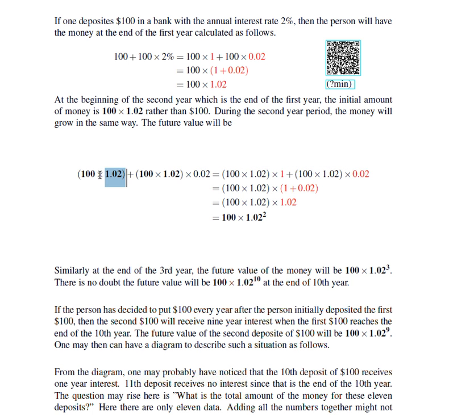Again, the initial amount is the initial amount times 1. So we can pull the initial amount out. Again, here the interest rate is 0.02, but the initial amount is different. It's no longer 100. The amount at the beginning of the second year is $102. One more time, we pull this common $102 out.